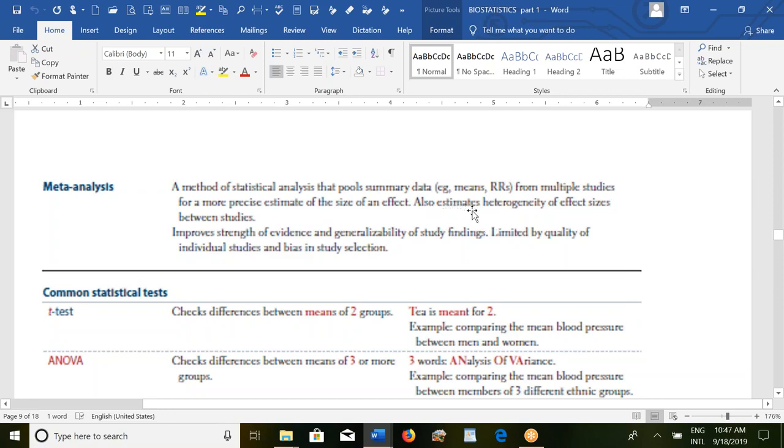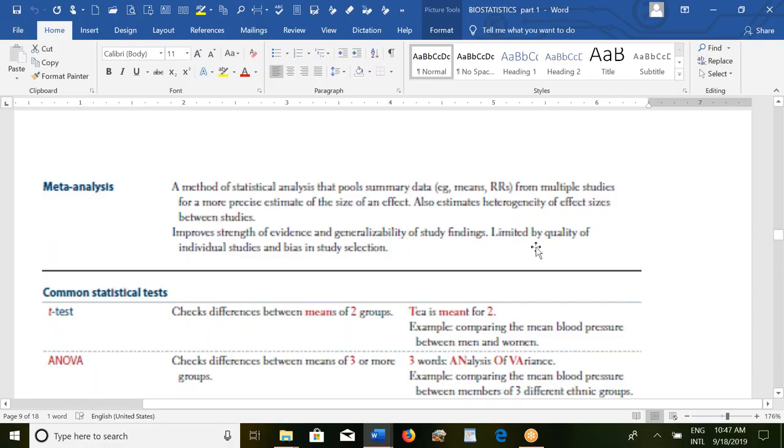It will also estimate the heterogeneity of the effect sizes between studies. Heterogeneity means that there were different groups, not similar groups with similar questions. It improves strength of evidence and generalizability of the study findings.